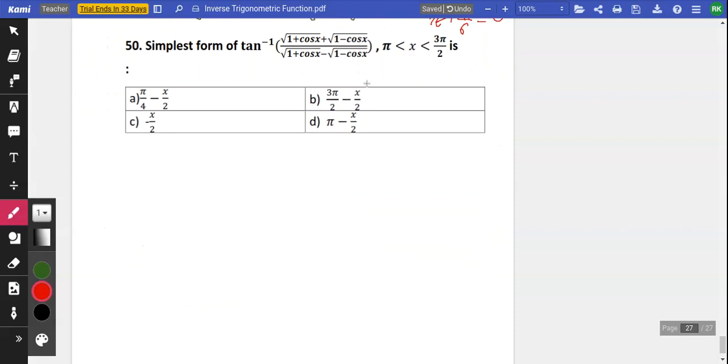In this question, the range of x is given as pi to 3 pi by 2. It means our x is lying in the third quadrant, and in the third quadrant tan is positive. It means only tan x is positive.